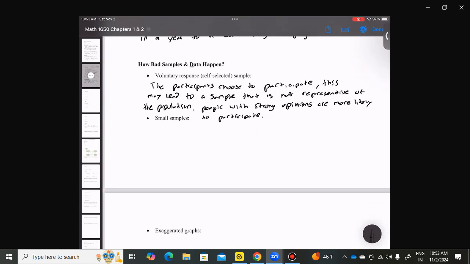The next one is small samples. Small samples have a greater chance of random error.